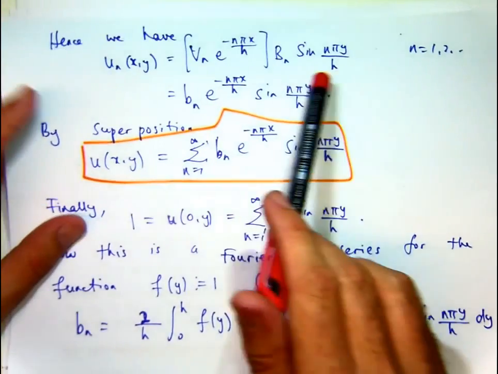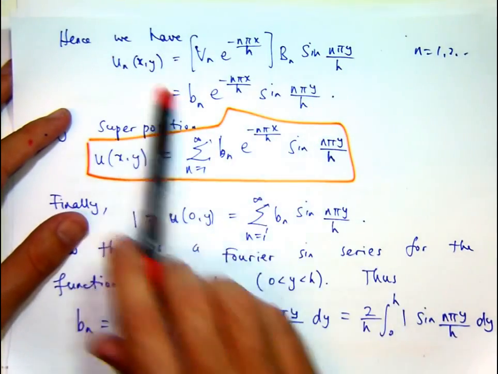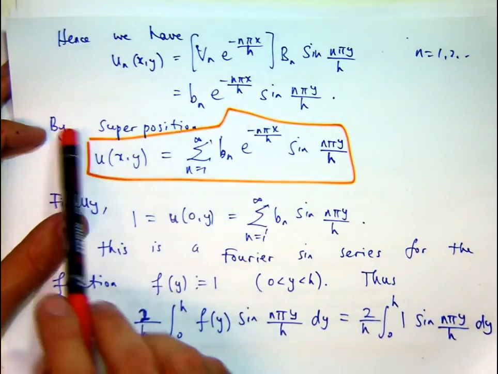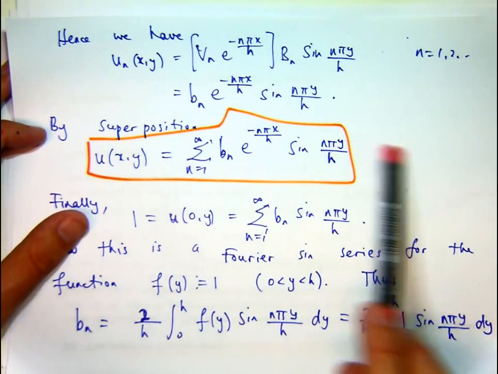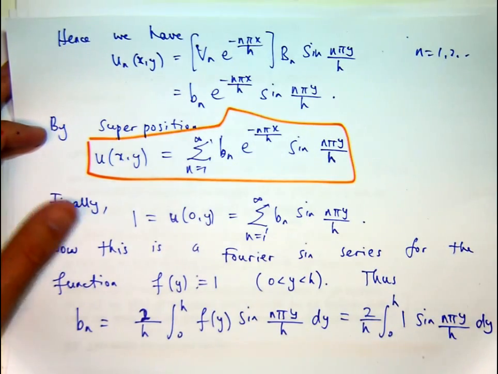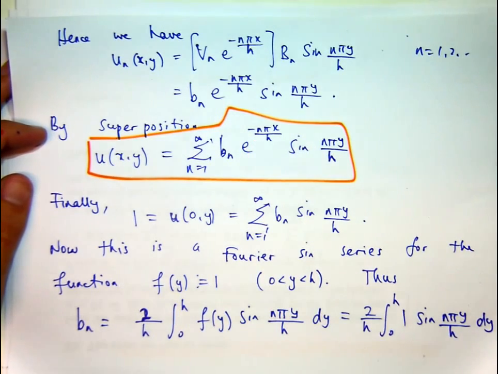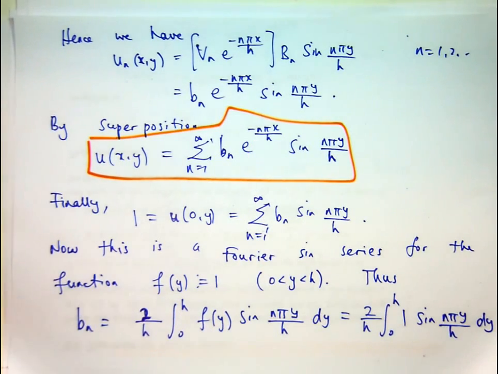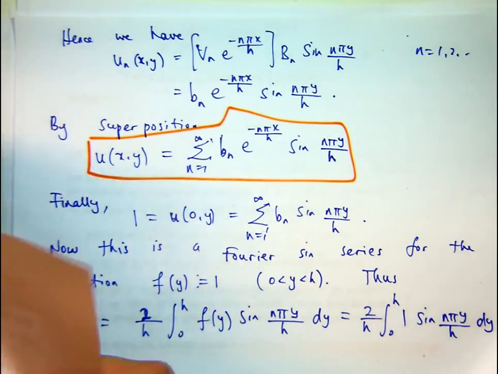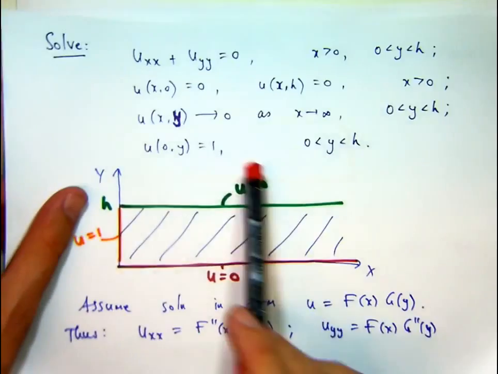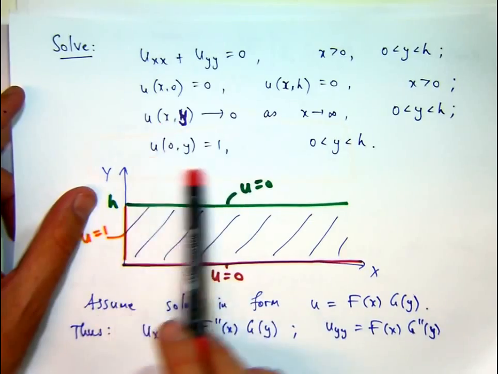Finally, we formed a sequence of solutions to the problem and then used superposition. We added up all those sequences of solutions to form this general series involving this exponential and a sine. Lastly, we used the final condition, which was this condition here.